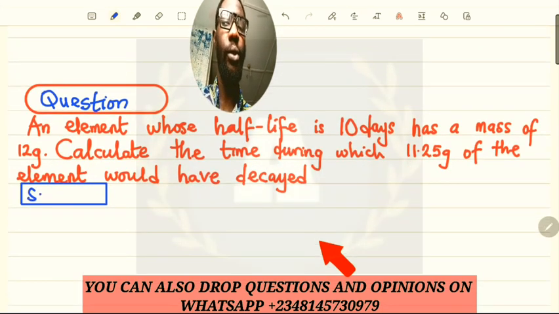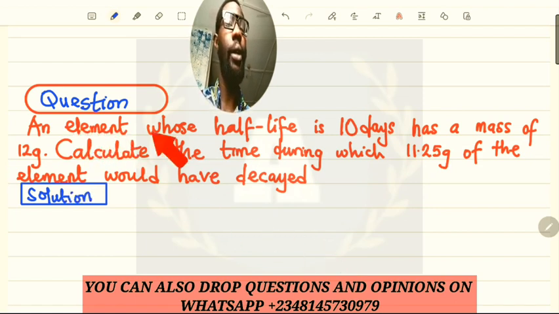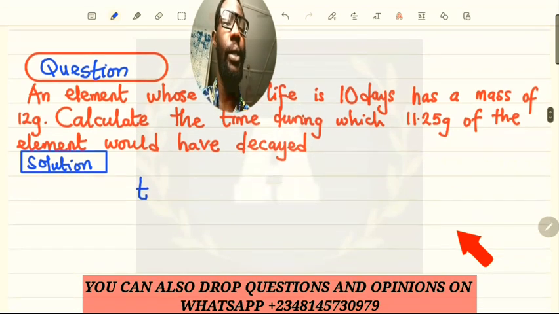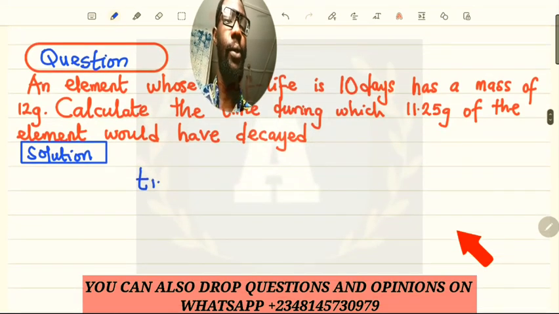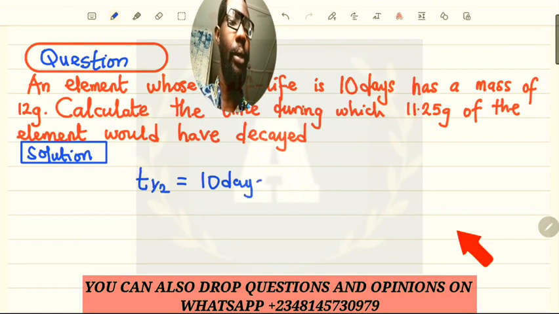Now to solve that, we write down the solution. The question says an element whose half-life is 10 days. So the half-life of that element is 10 days, and we write 10 days as the half-life.